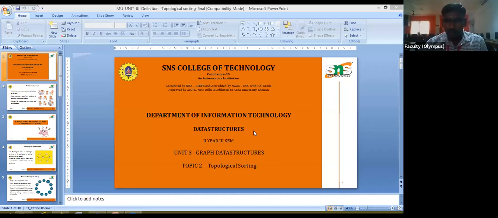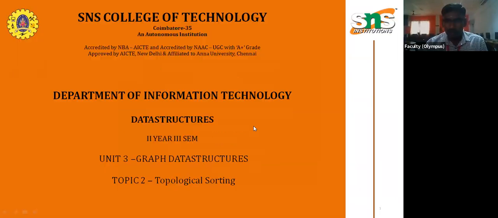So these are the things we discussed in the last class. How the ordering is done, listen. First, you have to check for the node which has no incoming edges. In a given graph, you check for nodes having no incoming edges, and you remove that node from the graph.